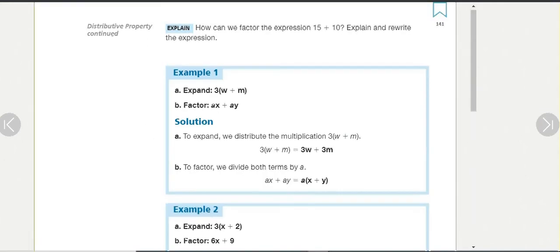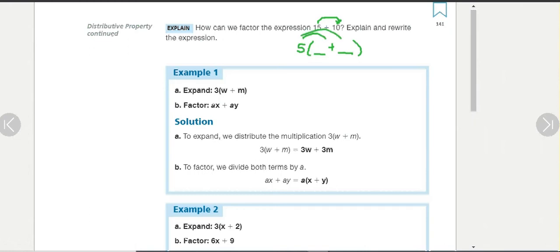How would we factor 15 plus 10? They were just talking about factoring is like the opposite of distributing. So this looks like something that's already been distributed. In fact, you could combine it further, but if you take the common factor out, that means you take 5 out, because it's the greatest common factor, and then we need to put something here and put something here, so that if we were to distribute it again, it would go back to before.